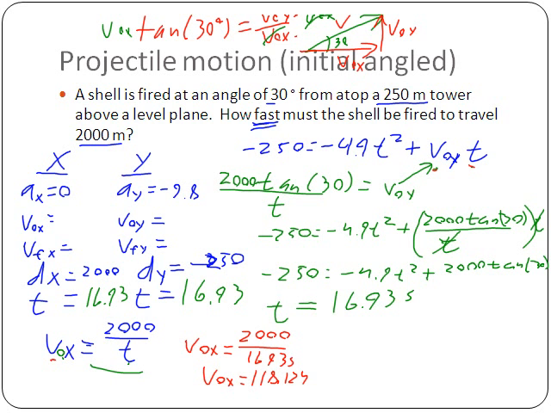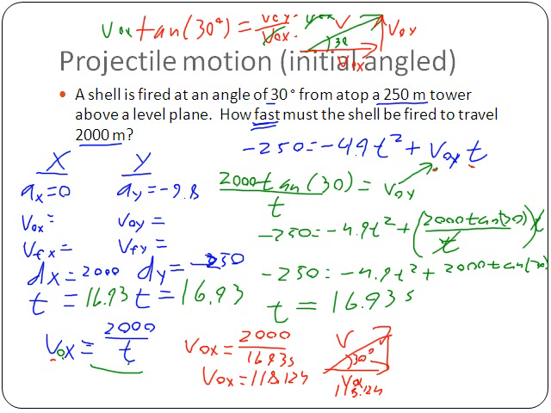Then we set up our triangle right here. This is v. This is v naught x, which is 118.124. We know this angle right here is still 30 degrees from the problem.